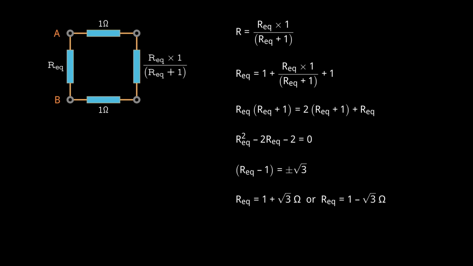After solving the equation, we obtain two possible values for the equivalent resistance. However, since resistance cannot be negative, we discard the negative value, leaving us with the positive result as the equivalent resistance of the ladder circuit.